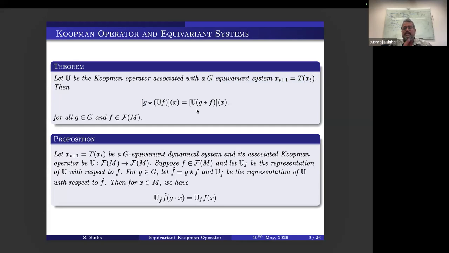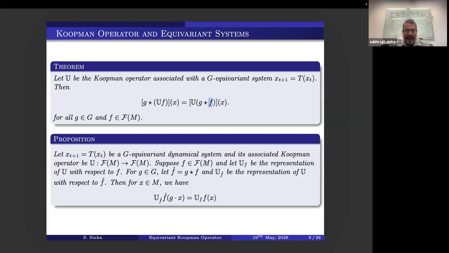This is where the similarity transformation comes in. And once you go into the finite dimensional approximation, this action of g is replaced by the n-dimensional representation matrix of the group element, or of the group. So now we have this, but here we are fixing F.